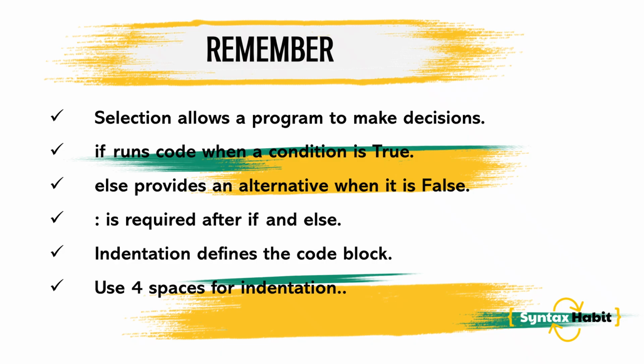Remember the basic syntax: the if keyword followed by the condition, a colon, and then an indented block of code. And remember that indentation isn't just for making our code look tidy. In Python, indentation tells us which code belongs to a particular block.